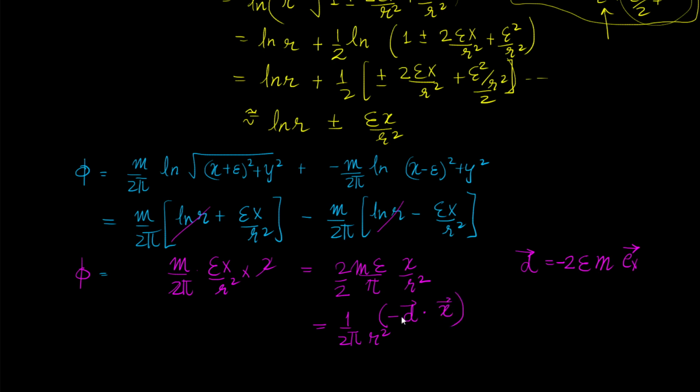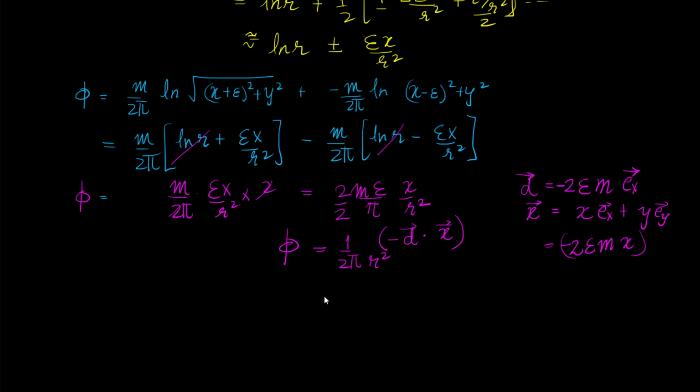If you do the math, x vector is x ex plus y ey. So if you take the dot product of these two, we obtain minus 2 epsilon m x, and ex dot ex is 1, ex dot ey is 0. So this is what you obtain. So using this, we can write down the velocity potential in this particular form.